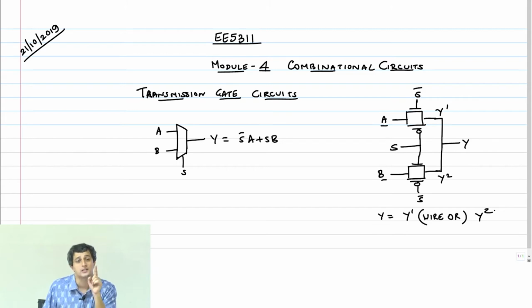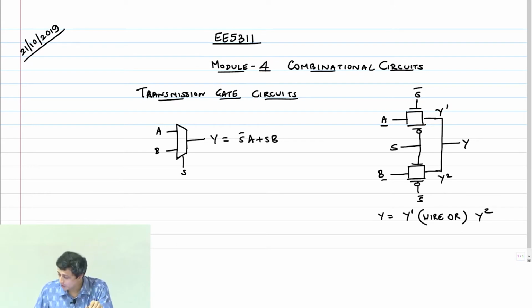This is what is really saving me plenty of gates, right? Because it goes into high impedance state, I can do a wired OR connection for any number of such transmission gates.